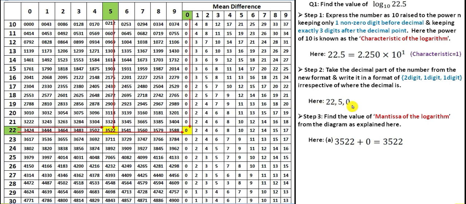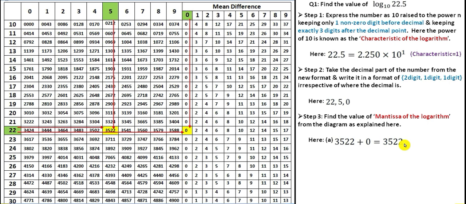So what you have to search now? Search the 0 here for the 4th digit and this 22 from here, and check what number is there corresponding to both of them. Here it is 0, so write down the 0 here. Then just add them, you will get a 4 digit number. So it is 3522 plus 0, it is 3522.